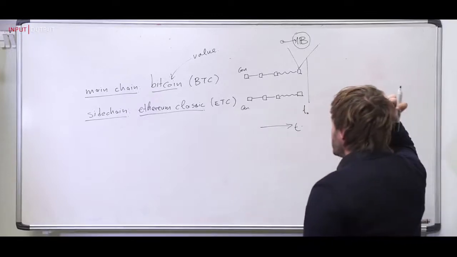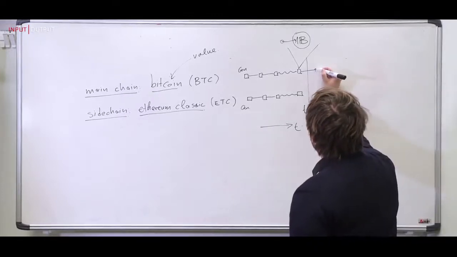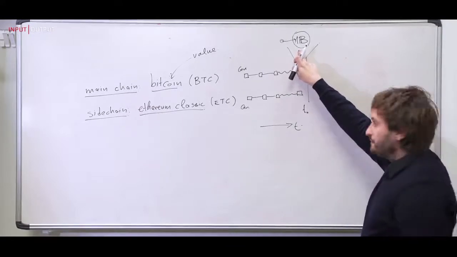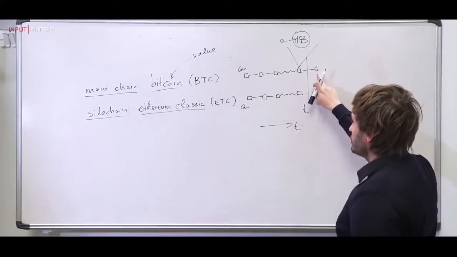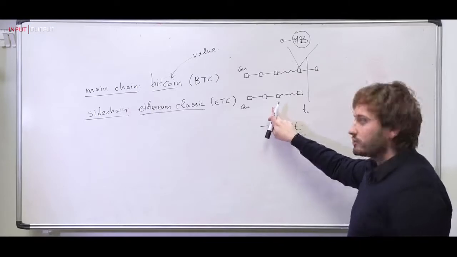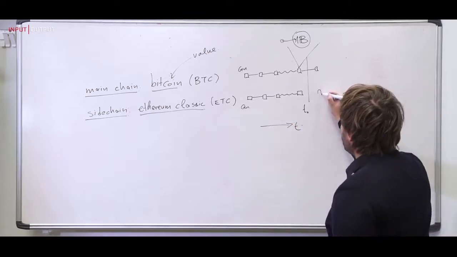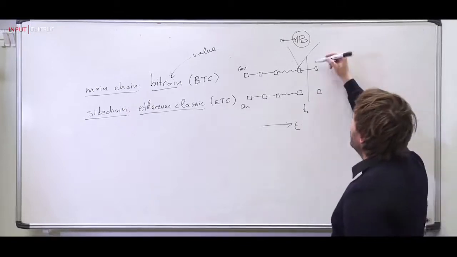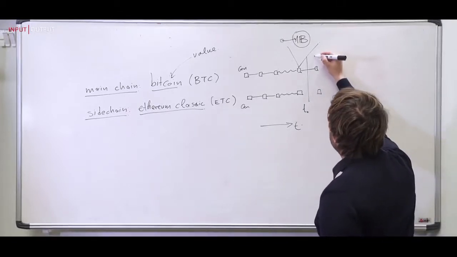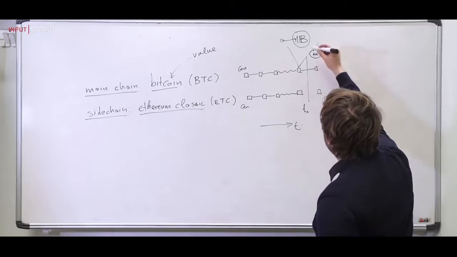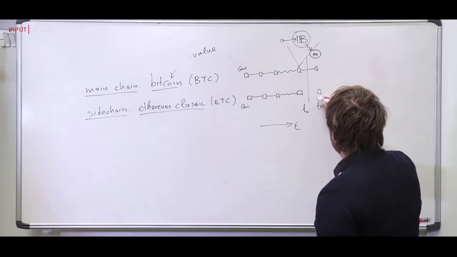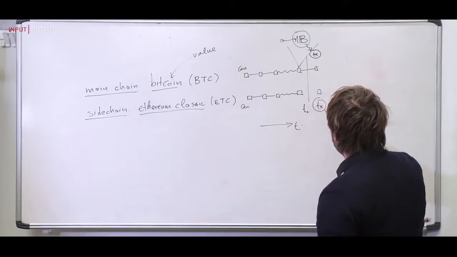into the Ethereum side chain. So what I do is, on this block, I create a transaction that moves out that 1 Bitcoin from this Bitcoin blockchain into the Ethereum Classic blockchain. And here I create another transaction that receives that amount. So here I create a transaction that consumes this Bitcoin, and here I create a transaction that emits this Bitcoin.